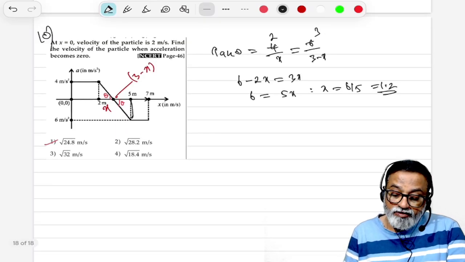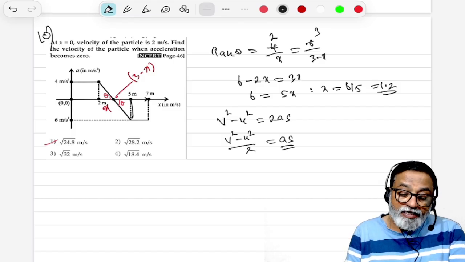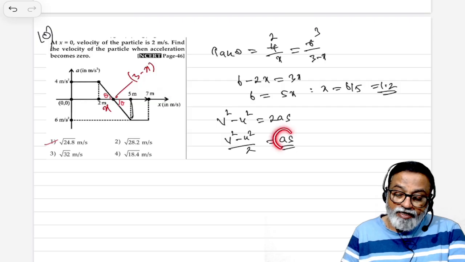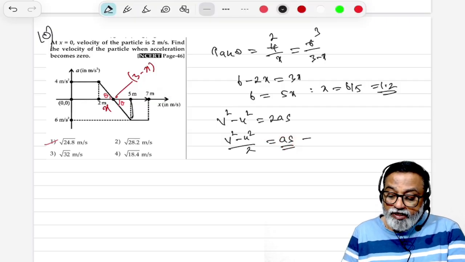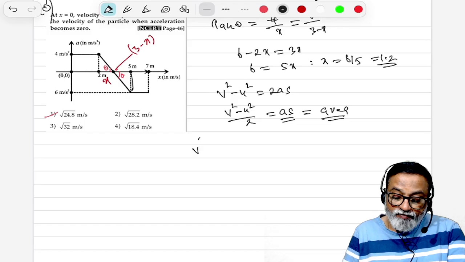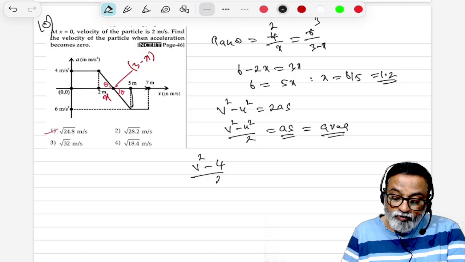Find the velocity. Here, v square minus u square is equal to 2as. Therefore, (v square minus u square) by 2 is equal to a into s. Here, a is taken on the y-axis and displacement on the x-axis. Therefore, a into s gives the area under the a-x curve. Here, initial velocity is given as 2, 2 square is 4, by 2.